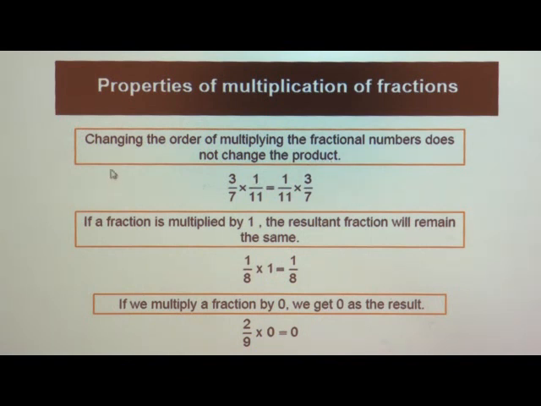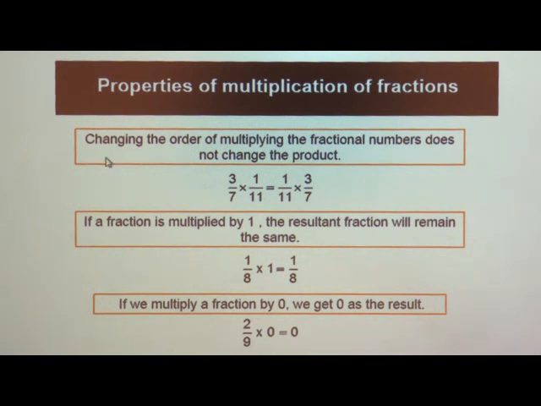When you change 3 upon 5 multiplied by 4 upon 5 and write 4 upon 5 multiplied by 3 upon 5, the product, that is the multiplication answer, will remain the same. There is no change.